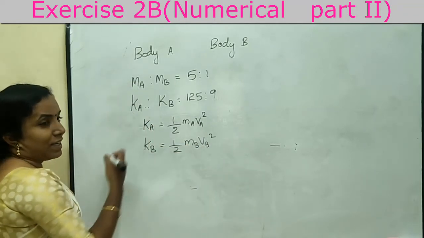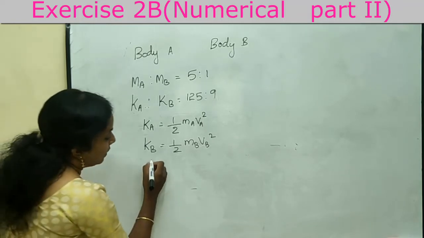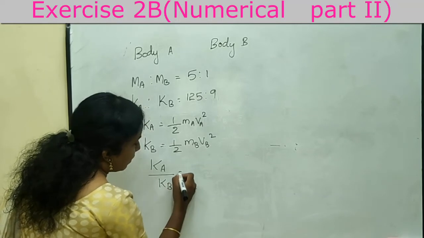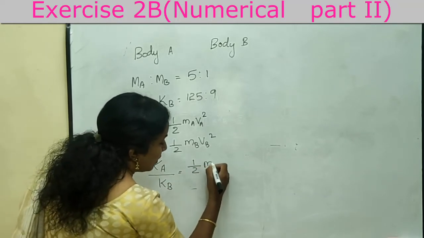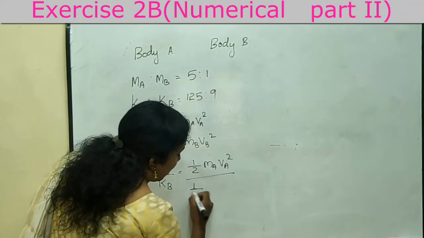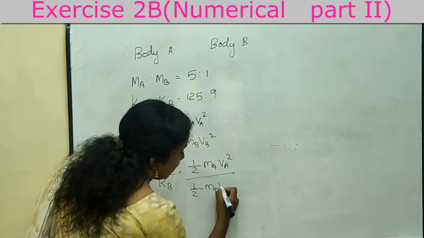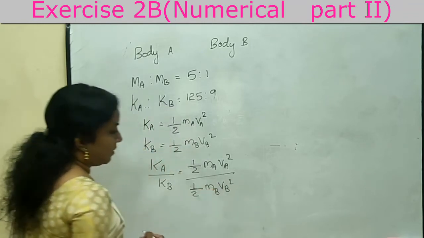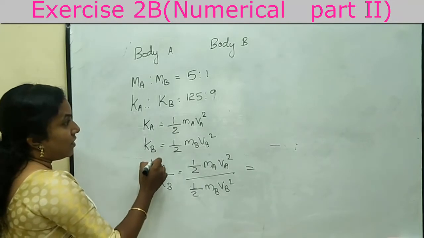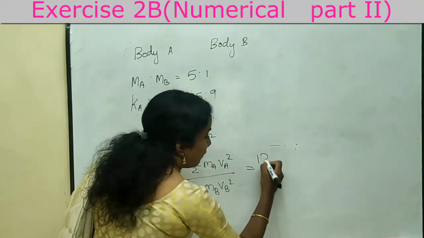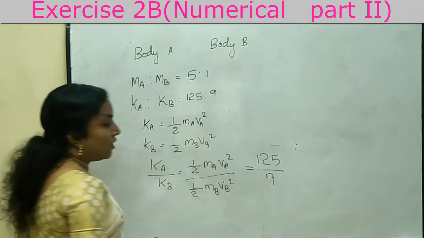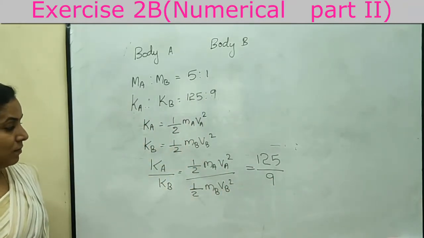Now we can take the fractional form, that is Ka by Kb, or half ma va square by half mb vb square, equal to 125 by 9.